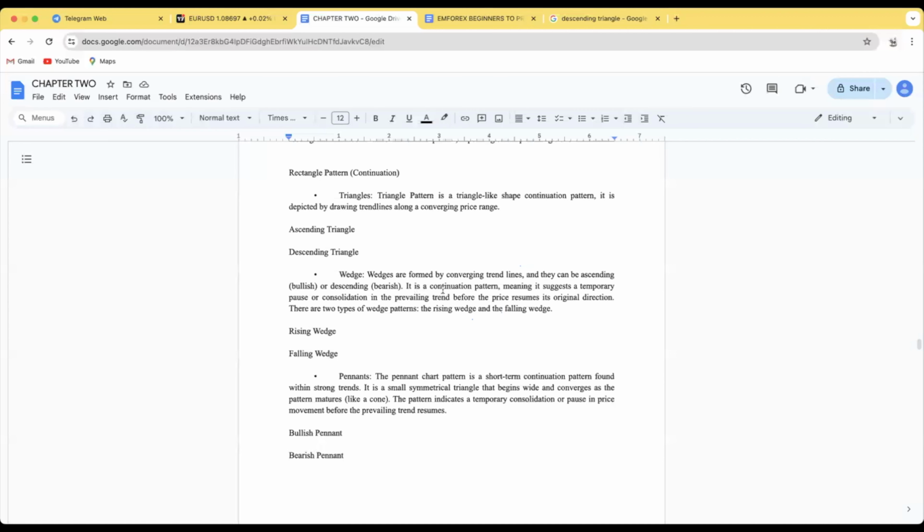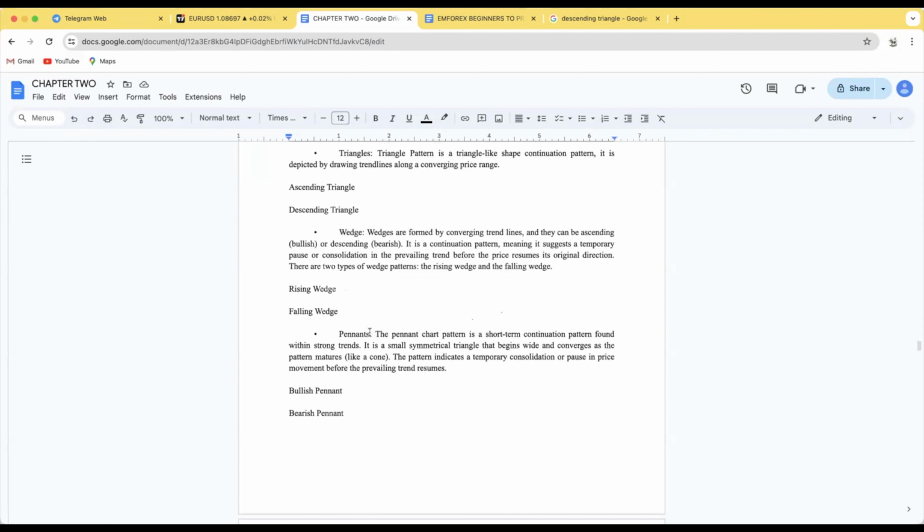It's a continuation pattern, meaning it suggests a temporary pause in the prevailing trend before price resumes its original direction. There are two types of wedges: the rising wedges and the falling wedges. They are basically the same thing as triangles.